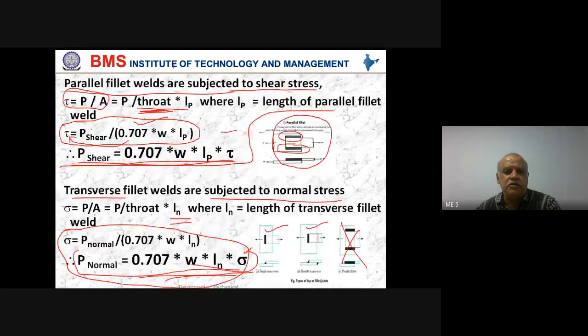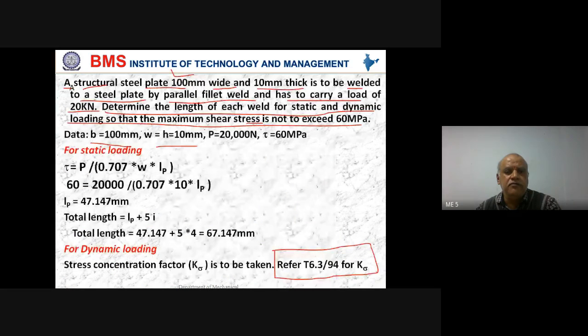Coming back to the problem, for a steel plate of 10 mm thickness we have taken W equal to 10 mm. It is welded by a parallel fillet weld, so it is subjected to shear stress.